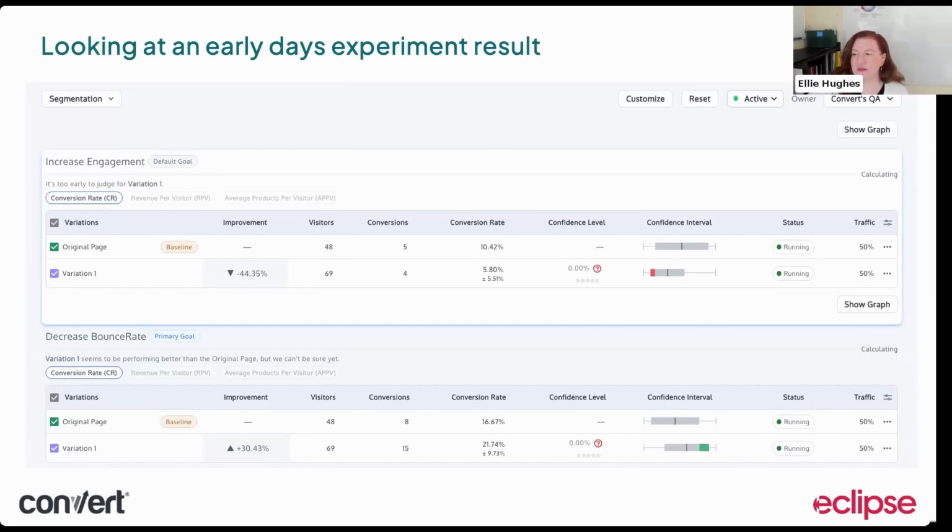Even though there's a confidence interval being calculated, no confidence has been given because this is such an early days experiment result that a confidence level probably shouldn't be reported. So I suspect that's something you guys have built into your tool, and that's why there's the little question mark, which helps explain what confidence is. So if you hover over it.